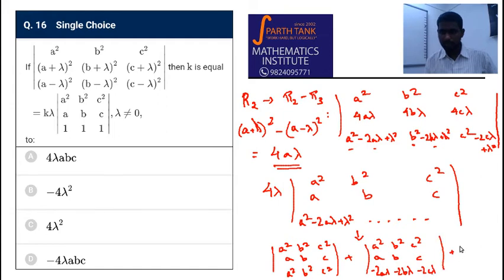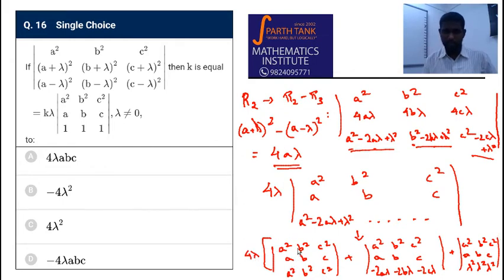And the third can be a squared, b squared, c squared, a, b, c, and lambda squared, lambda squared, lambda squared. Correct? These three terms, so 3 determinants, and the whole thing multiplied by 4 lambda.